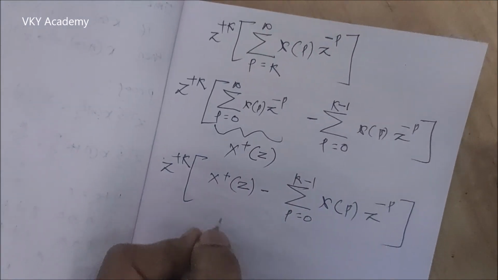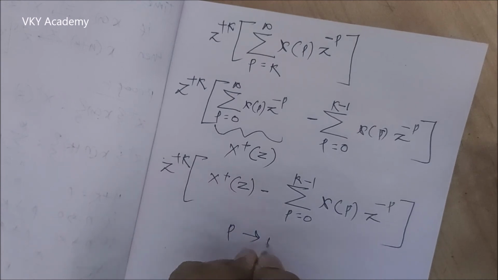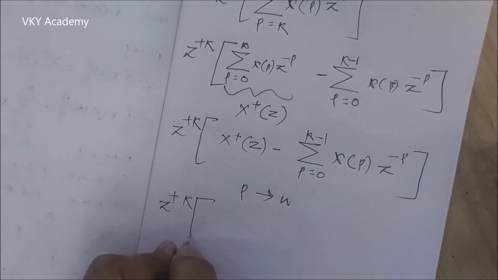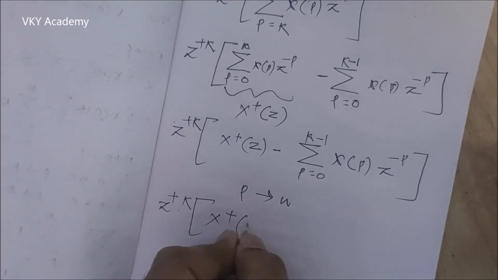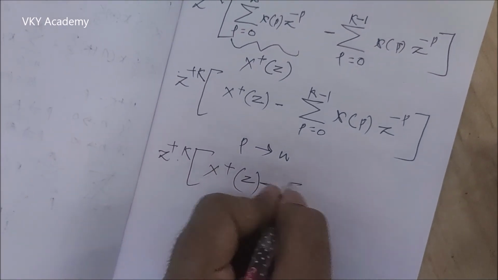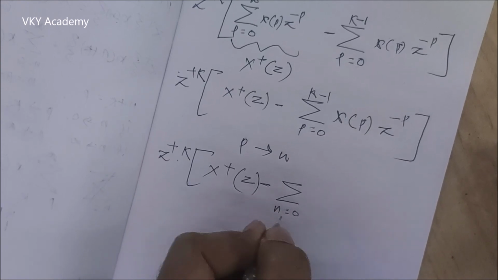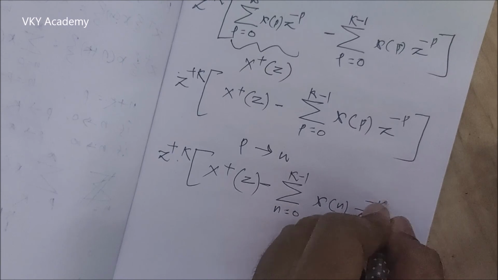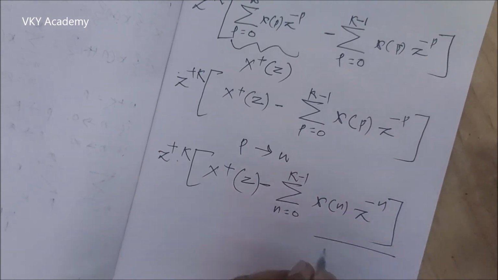Now replacing the variable p with a new variable n, it will be z to the power plus k into X plus z minus summation n equal to 0 to k minus 1 x of n z to the power minus n. Hence it is proved.